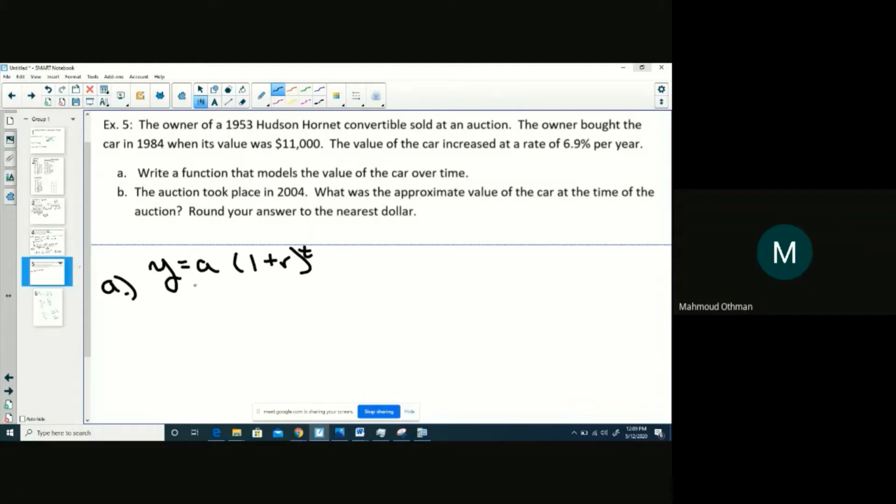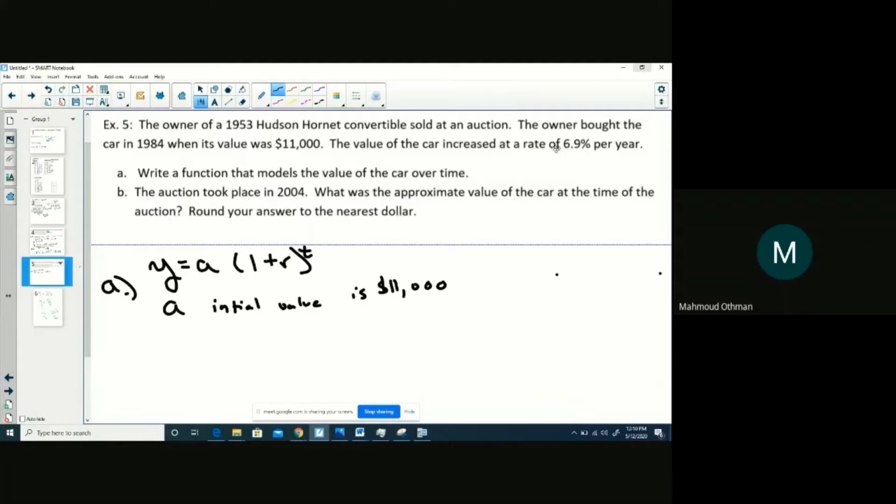So let's take a look at our starting amount. We know that the initial value, the starting value in 1984, A, is $11,000.